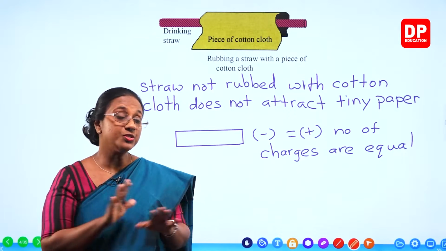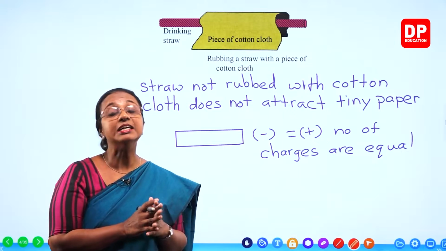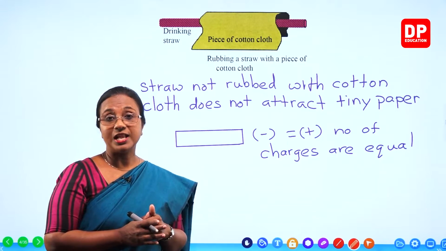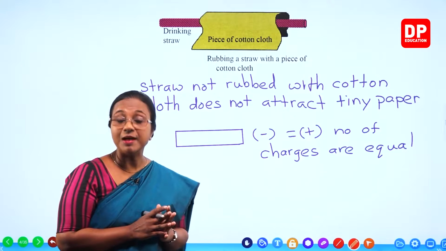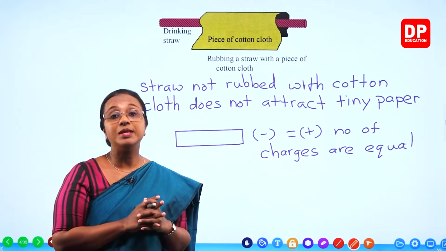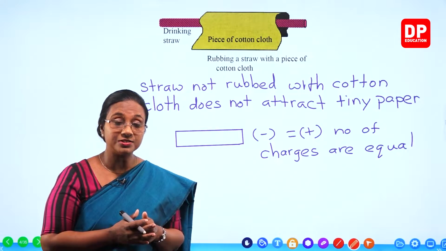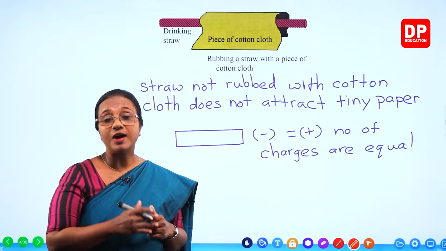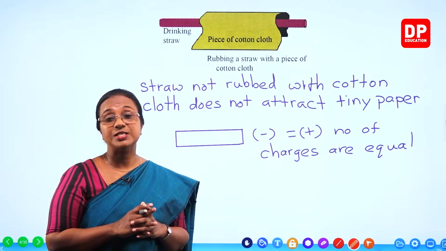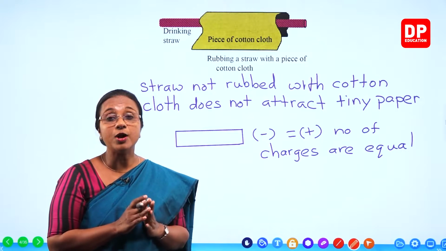Positively charged protons cannot move because they are within the nucleus. We will discuss the atomic structure in the next few slides. But for now, you are familiar with this concept. Electrons are in orbitals, shells or energy levels, so they can move. But the protons, which are positively charged, cannot move.